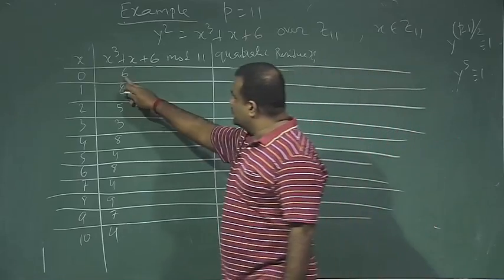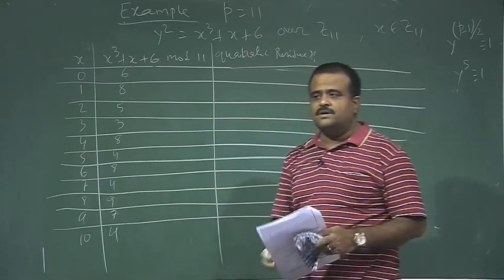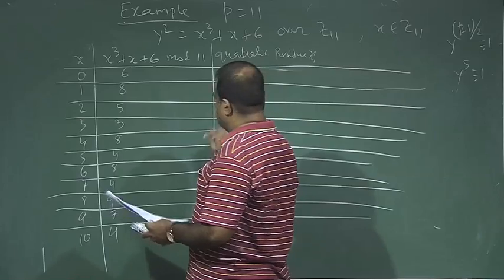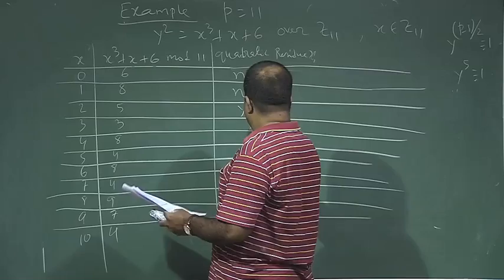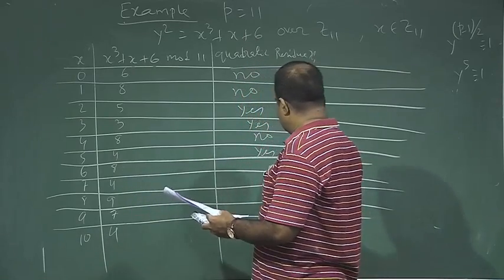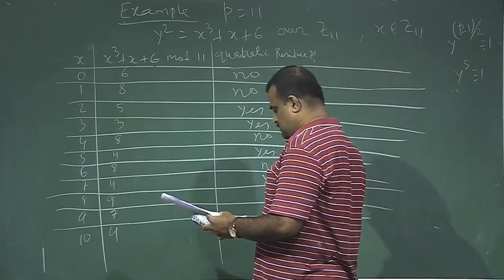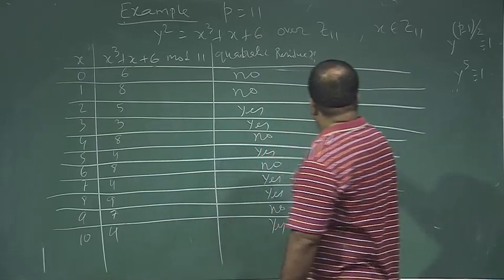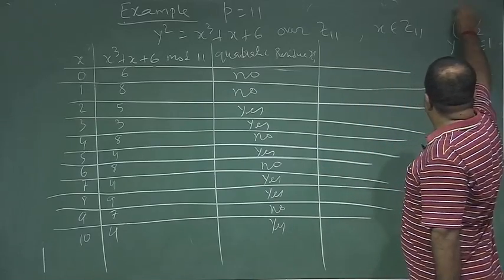So, we just take each value to the power 5, take the mod, and check whether it is 1 or not. If we check that, we get no, no, yes, yes, no, yes, no, yes, yes, no, yes. We checked whether these are quadratic residues using the Euler criterion.